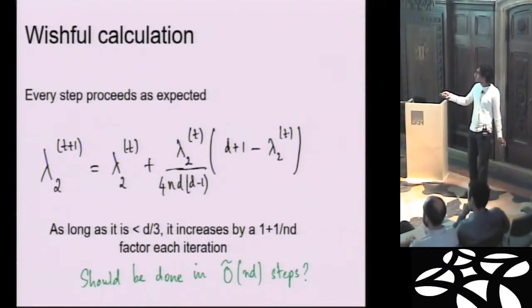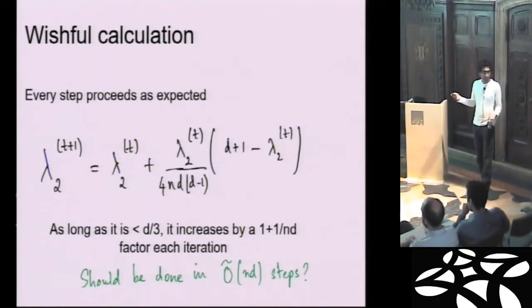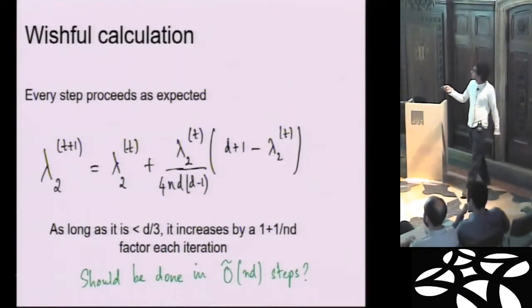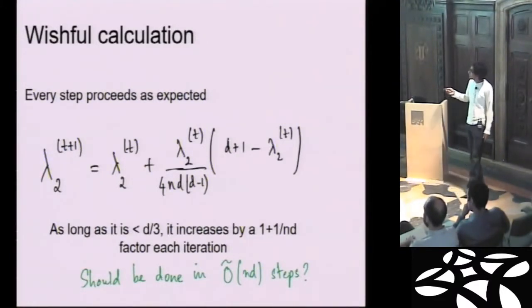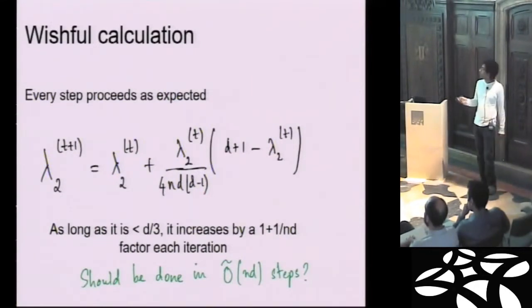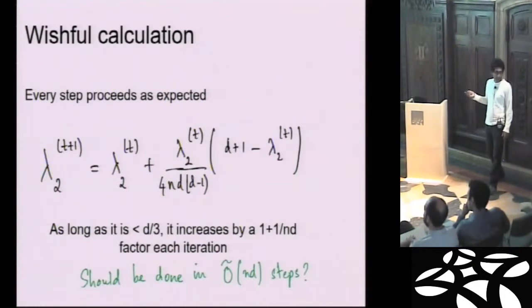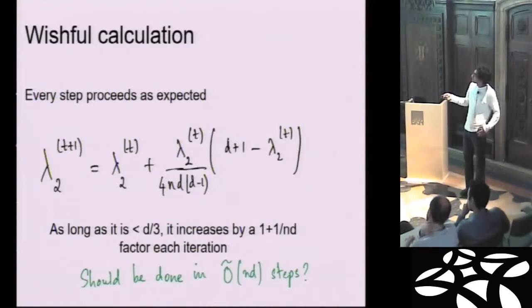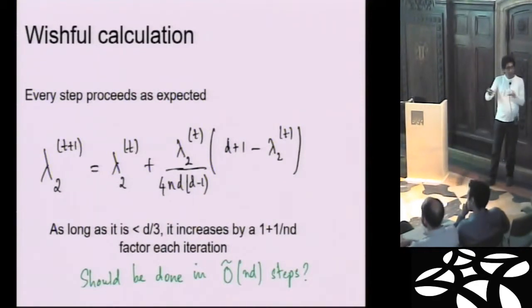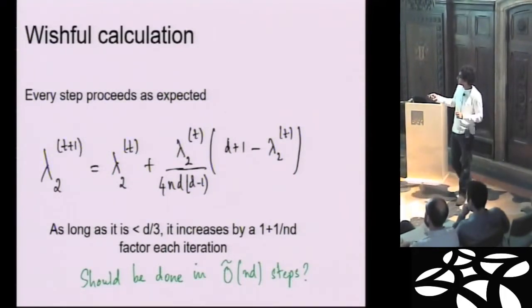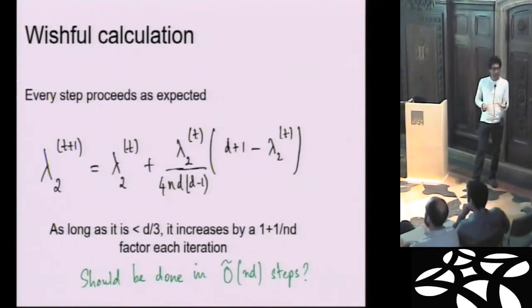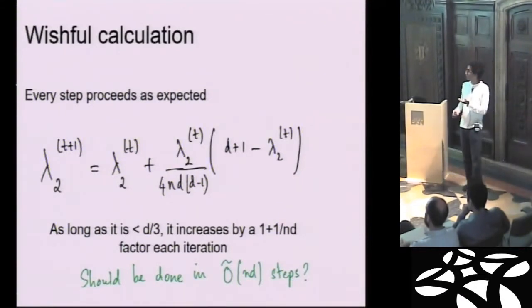So if lambda 2 is smaller than d over 3, then this term will be roughly d, order of d, and so you get an increase of roughly a 1 plus 1 over nd factor, because this will be d and it cancels out one of the d's here. This is pretty nice, because what it says is, as long as you are not yet an expander, your lambda 2 increases by a 1 plus 1 over nd factor. So technically you might expect to be done in something like O tilde nd steps. This is why we also conjecture that you will be done in so many steps.